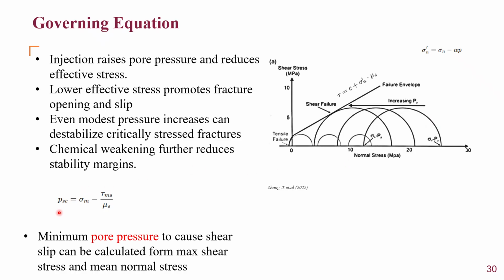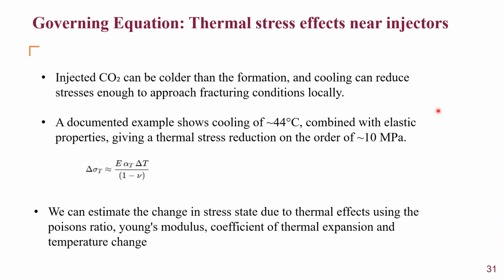Now, there's a minimum pore pressure, PSC, that is used to determine what minimum pore pressure will cause the shear failure, which is determined from the maximum shear stress, here, the friction coefficient, and the mean normal stress. Changes in temperature can also cause thermal stress, as we've already seen.